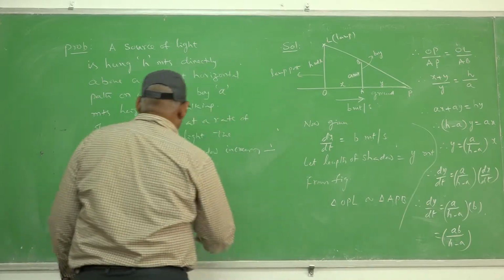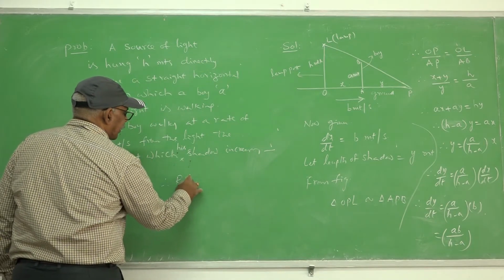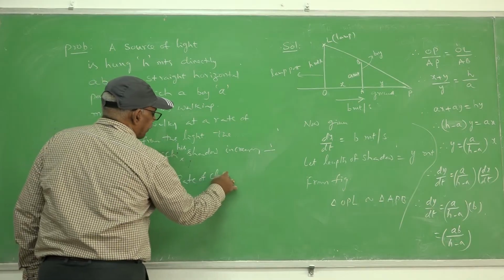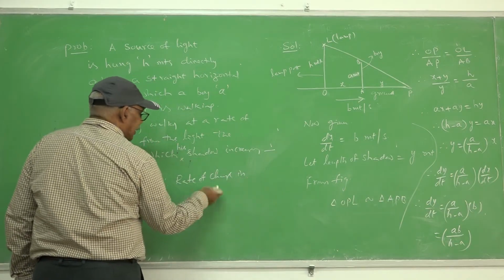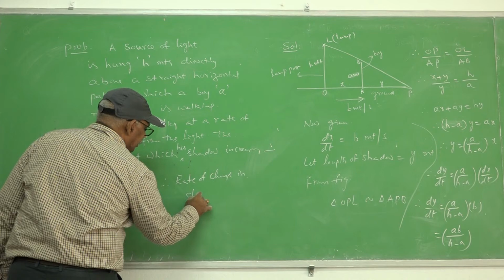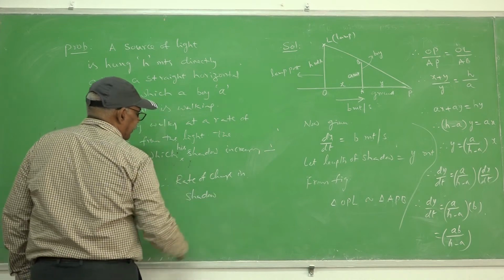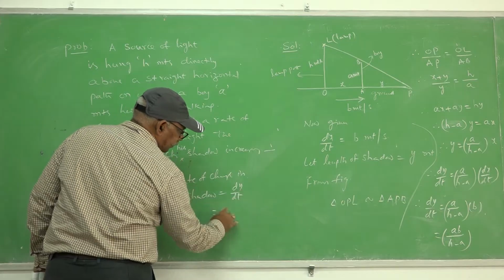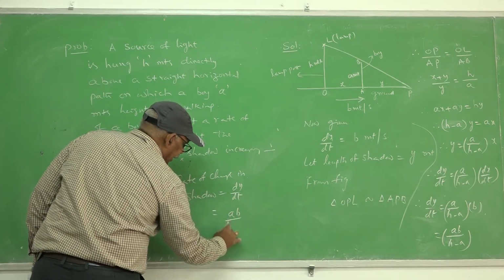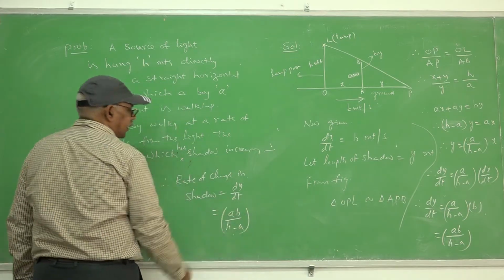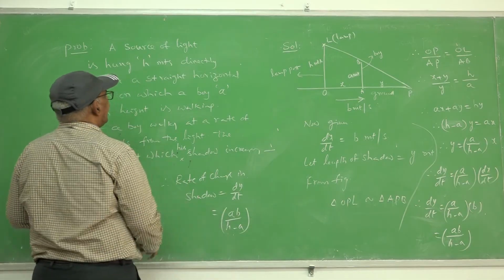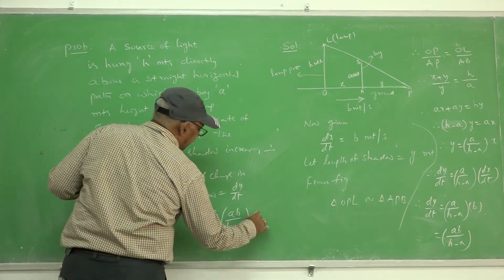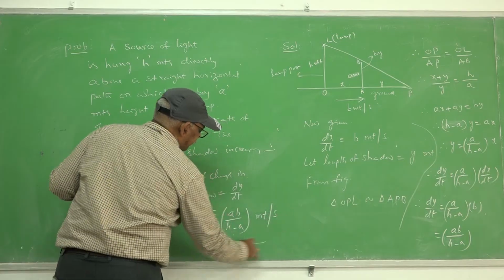So the rate of increase in the shadow is dy by dt equals ab by (H minus a). This is always positive, and it is in meters per second.